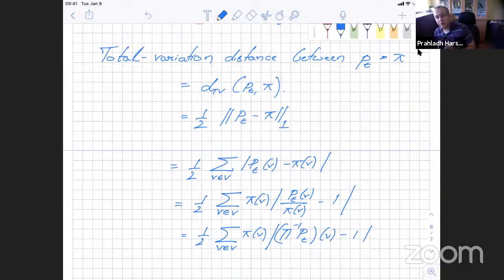This is exactly the same thing, PT(v) by pi(v), element by element division. That's the same thing as pi inverse PT at v. And you'll soon see why I'm doing this.